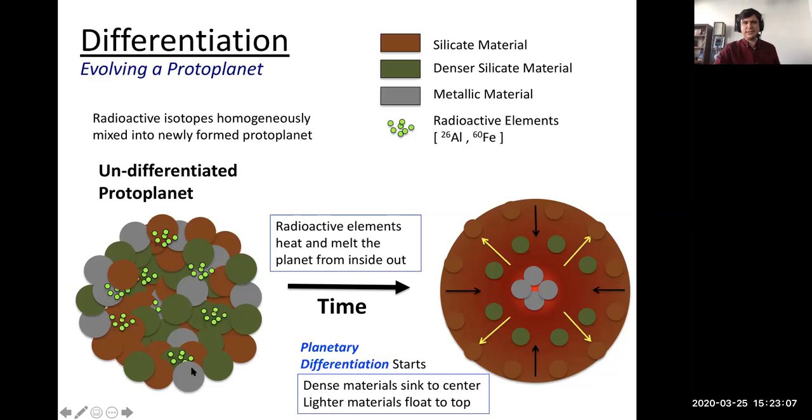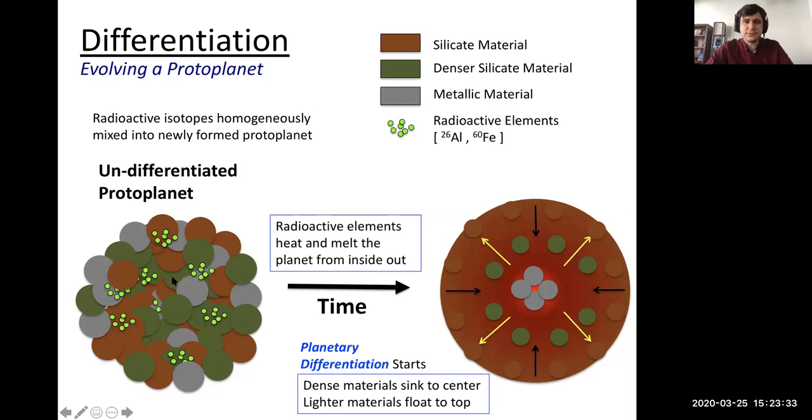Everything's nice and evenly mixed, and I've color-coded the different things in here. We have the dark gray metallic material, the dark green dense silicates, denser rocky material, the lighter, less dense brown silicate material, and then these angry looking radioactive elements, keeping them bright green in accordance to what I was doing in the previous video.